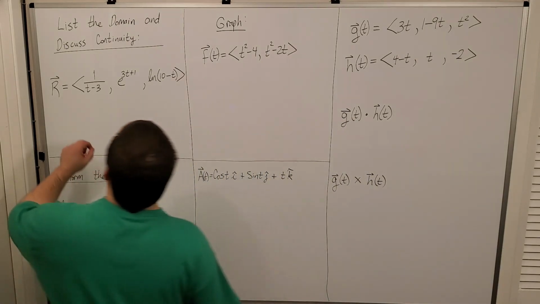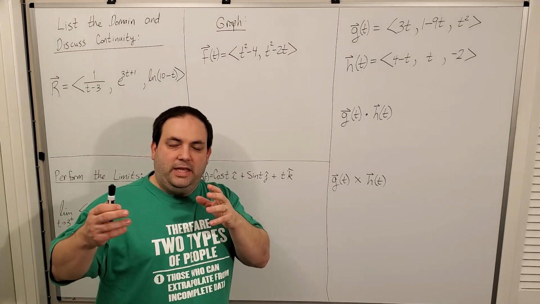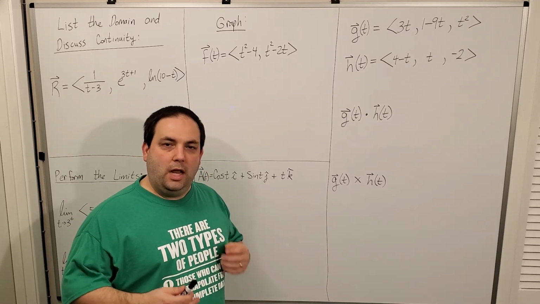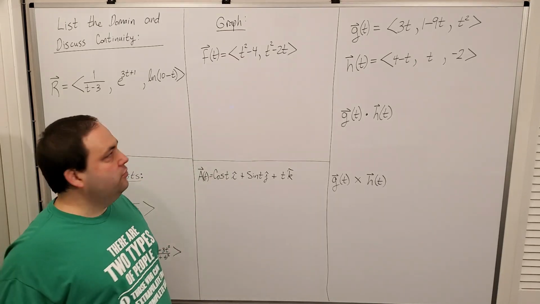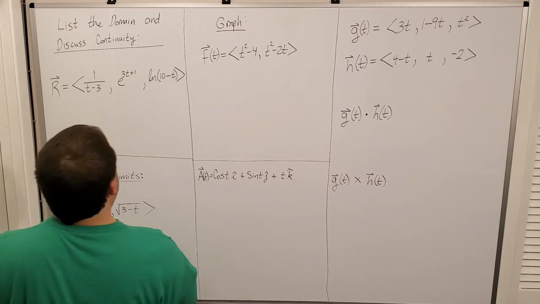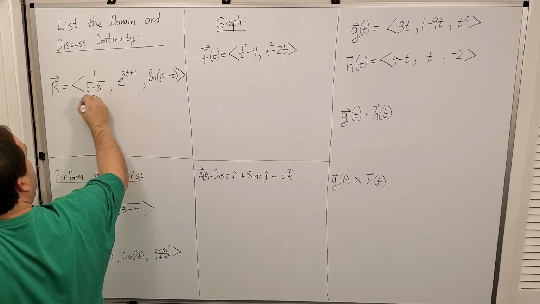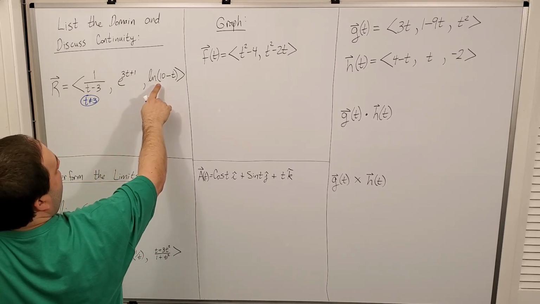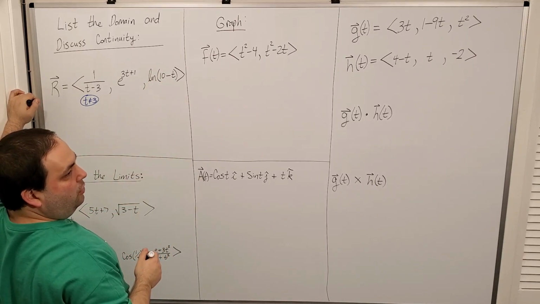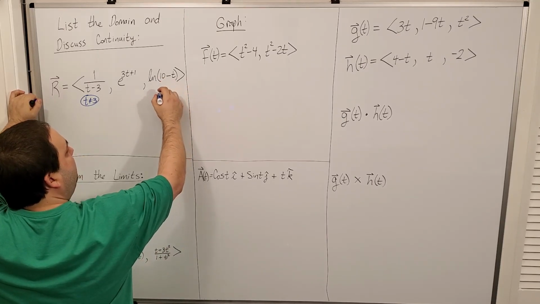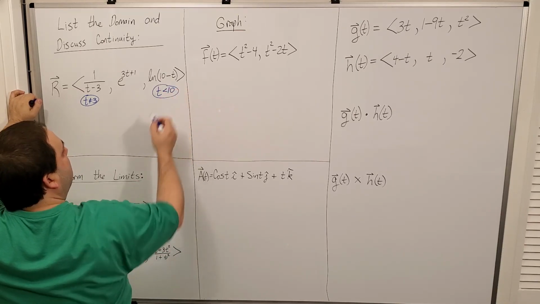Okay, so now what about the domain and the continuity here? Well, those sort of go hand in hand, right? If something is non-existent, if there's a point not in the domain, you tend to not have continuity there, right? So let's look for those sorts of things. Okay, so right here, I'm noticing that t can't be 3, right? And right here, for the ln, remember we can't do the ln of a negative number, so that means t has to be less than 10, right?